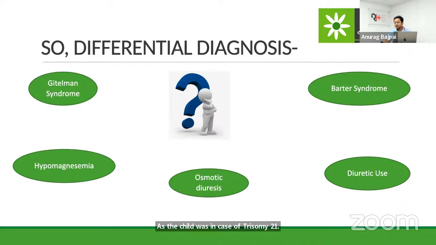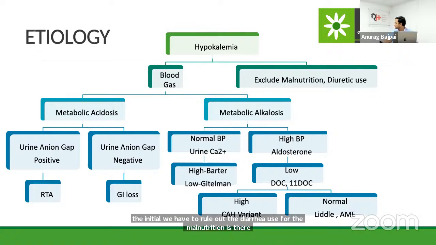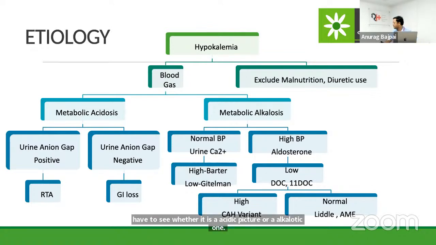So the differential comes to Bartter syndrome, Gitelman, or malnutrition-induced hypomagnesemia. If you go by the hypokalemic approach, we initially have to rule out diuretic use or malnutrition. Then the next step is the blood gas, to see whether it is an acidotic or an alkalotic picture. If it is alkalotic, we go for the blood pressure, and that was normal in our case.